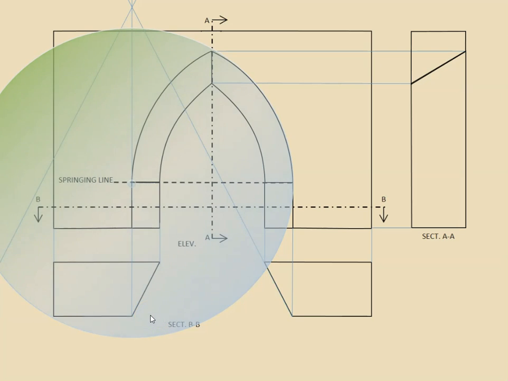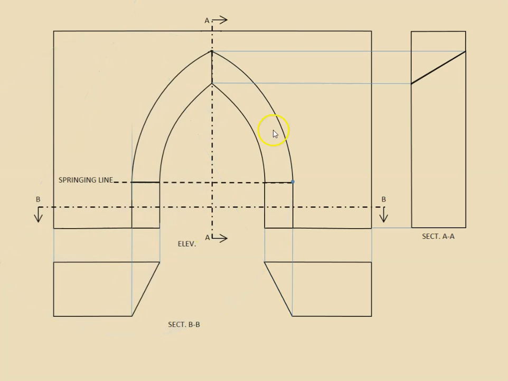So in this case, we're going to divide the arch now, from here to here, into steps that we will use as we're developing this through shape. So you can see it progressing here now. So I've just sprung a line out there, and again I can use, because I know from here to here is 60 degrees, if I turn the 60 degree set square the other way, I get a 30 degree angle, which is this line.